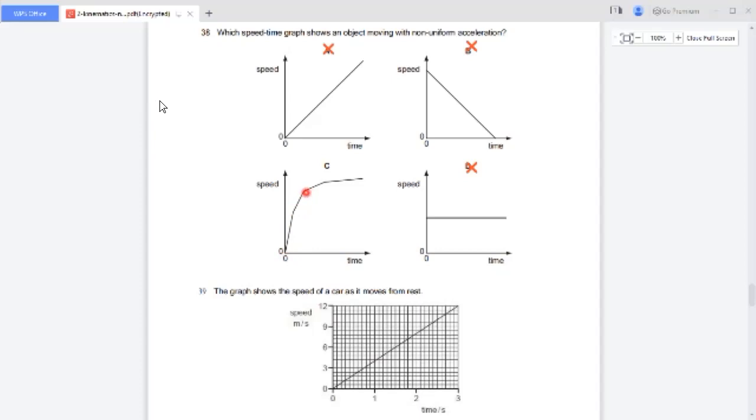If we consider this point and this point, the acceleration would be different, and for the onward points, the acceleration for each point would be different. So this is actually the graph which represents a non-uniform acceleration.